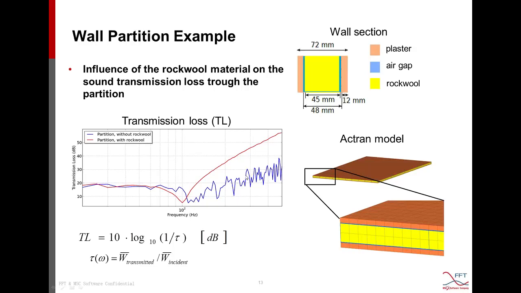So there are two observations. First, we see quite a shaky curve, which is created by the cavity mode of the air replacing rock wool, and then we see a reduced transmission loss, which means increased transmission through this wall partition.